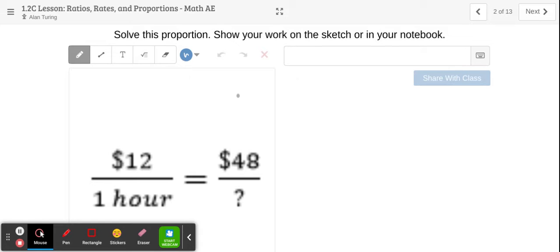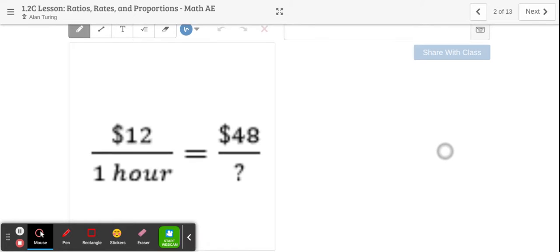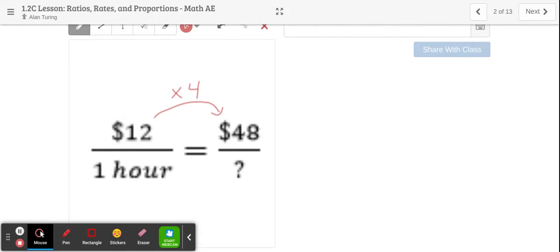Okay, so let's take a look at this example. $12 to 1 hour is equivalent to $48 to how many hours? So 12 times what is going to be 48. So 12 times 4 is 48.